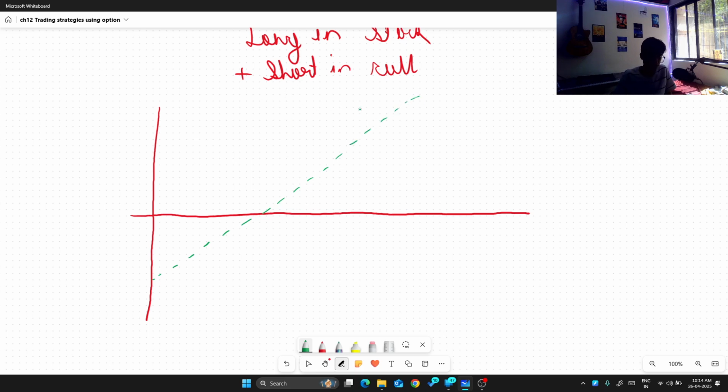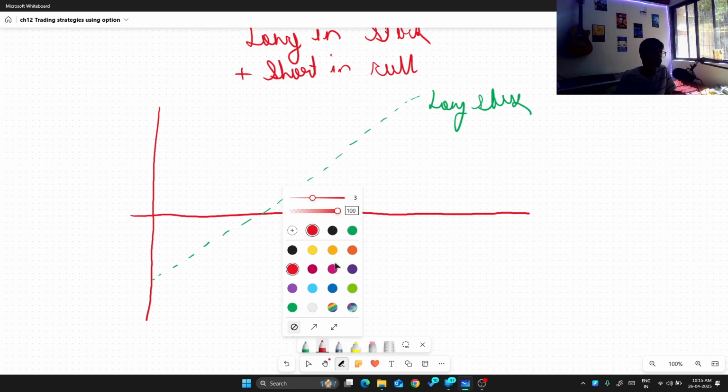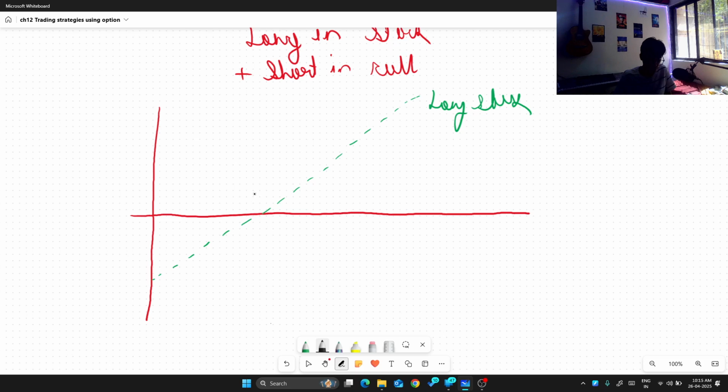Green is our underlying asset, long stock. And let's give a different color to, let's say, black. And now we will give a short.